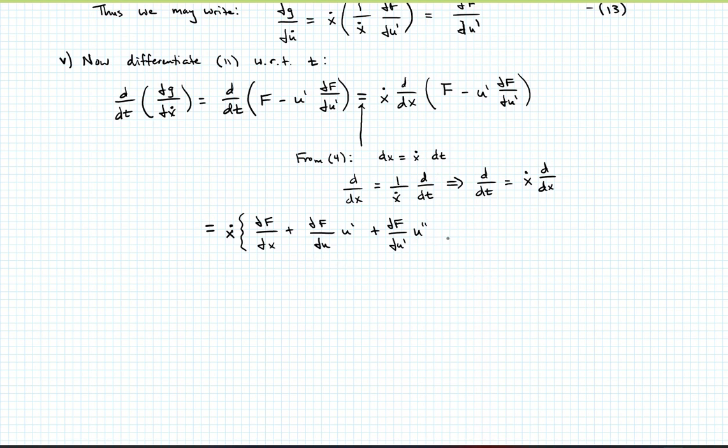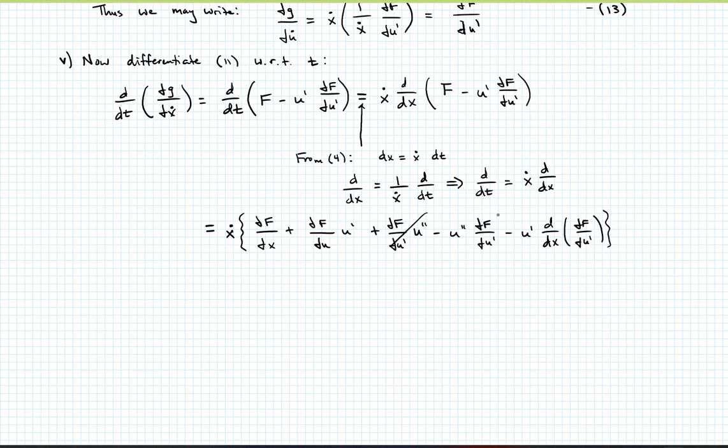Now I take the derivative of the second term there. So we have a u prime times a del f del u prime. So we're going to use the product rule on that. So this becomes minus u double prime times del f del u prime. And then we'll have a minus u prime times d by dx partial of f with respect to u prime. Okay, I know that's a lot of terms. Some of them are going to cancel.